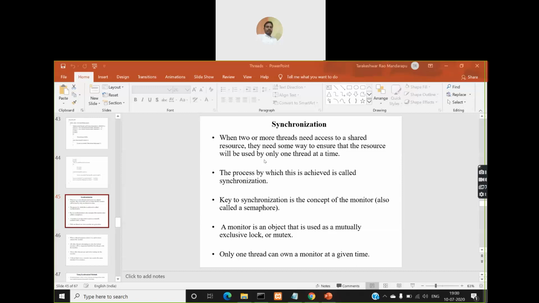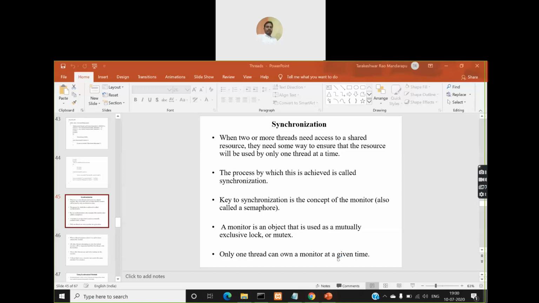Let me take one real-time example, where there will be some inconsistency if a shared resource is being manipulated by multiple threads. Say, for example, you and your brother or sister, whoever is your sibling, have a joint bank account, right?